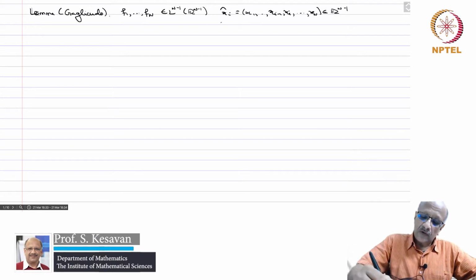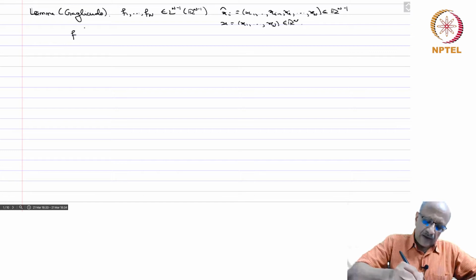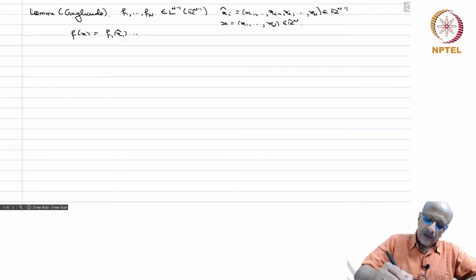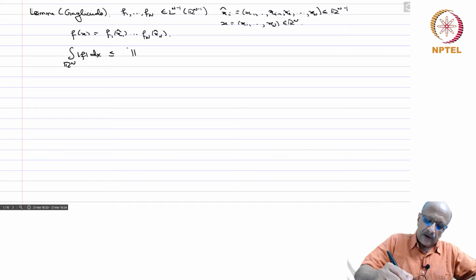If x = (x1, ..., xn) in R^n, then you define f(x) equal to f1(x̂1) ... fn(x̂n).